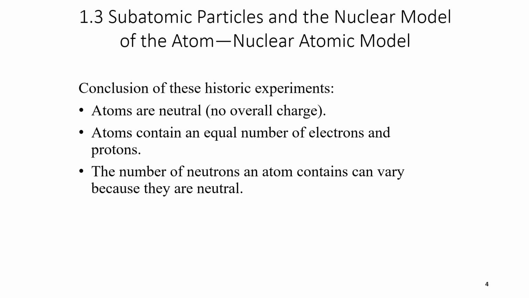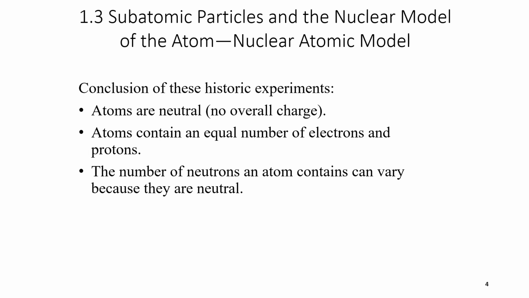So in conclusion of these experiments, atoms are neutral. They have no overall charge because the protons and electrons equal each other. Atoms contain, therefore, an equal number of electrons and protons.